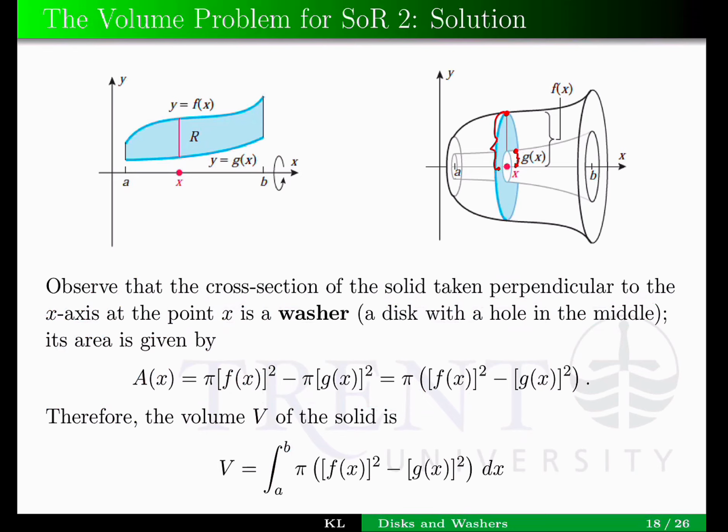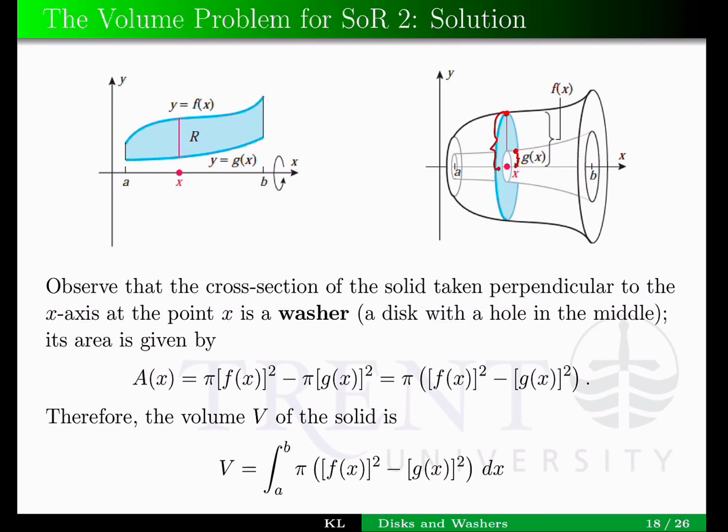So in order to find the area of that region, you get the area of the whole thing, including that hole, and then subtract the area of the hole. That's why we have this minus this.